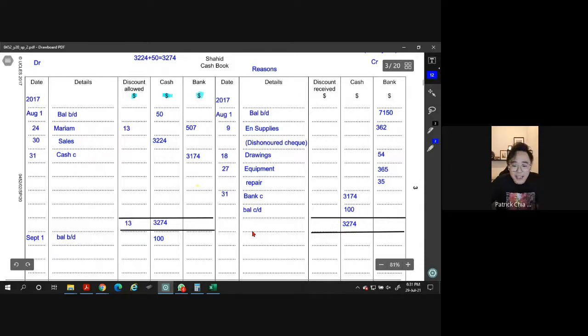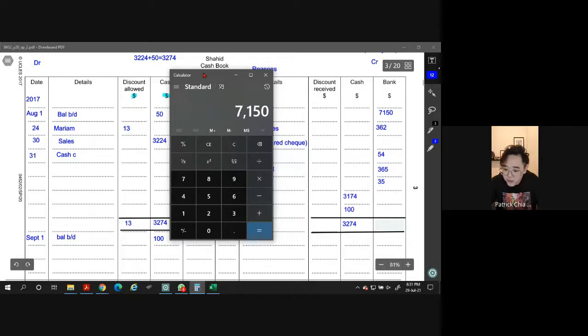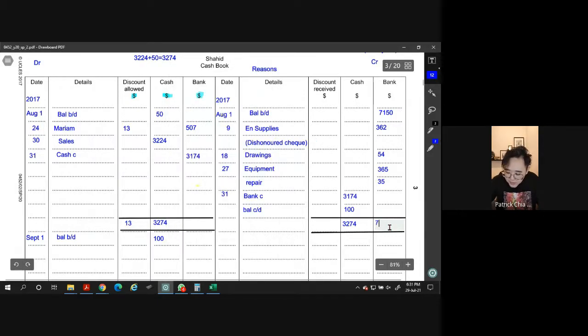Okay. So once you are done with cash, now you can do bank. So bank, which side more? Left hand side more or right hand side more? So obviously right hand side more lah. So I put the highest number right hand side. How much here? 7150 plus 362 plus 54 plus 365 plus 35. 7966.